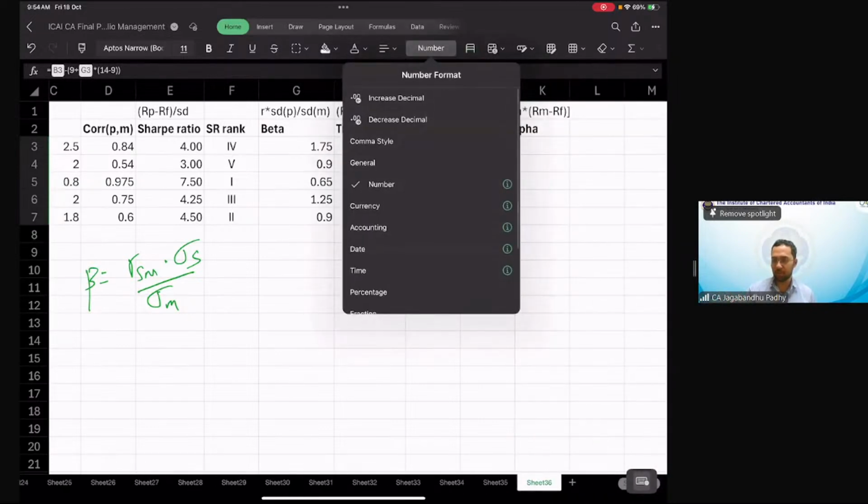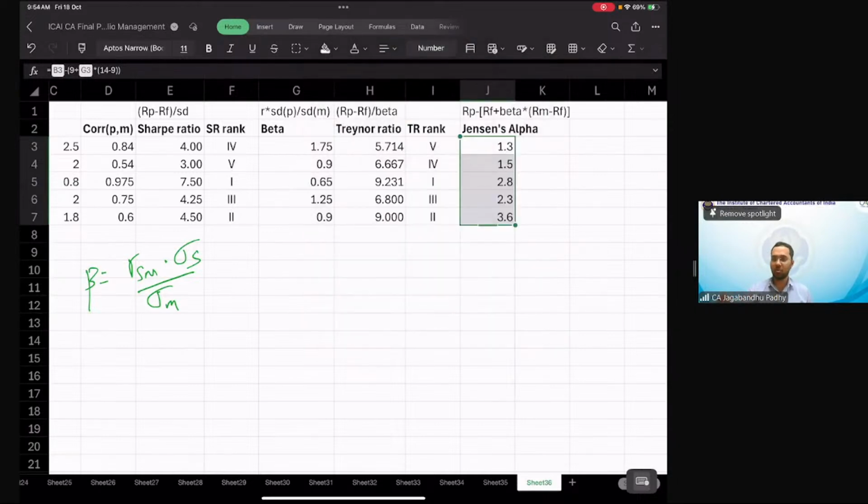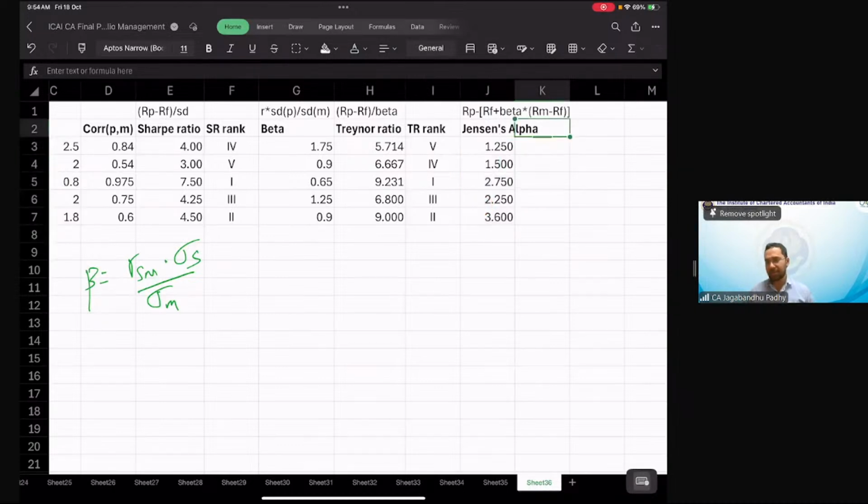So based on this, do you think that any of these portfolios had underperformed? Do you think any of these portfolios have underperformed as compared to the CAPM? No, sir. There doesn't seem to be any underperformance. Rather, all of them are in the overperformance category because they are giving you return more than the CAPM return. But yes, if you want to give them rank as to which one has really performed outstandingly, then it's of course the last portfolio.